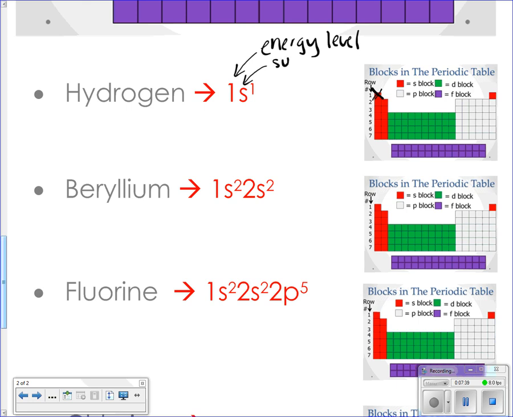S would be the sublevel. And that second one is talking about the number of electrons in the sublevel.